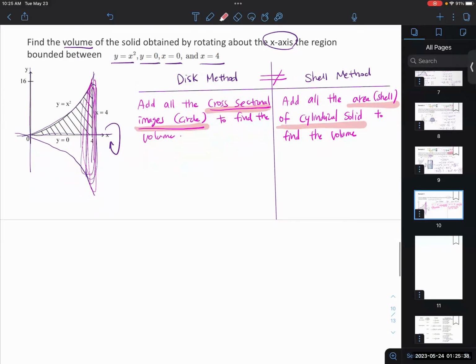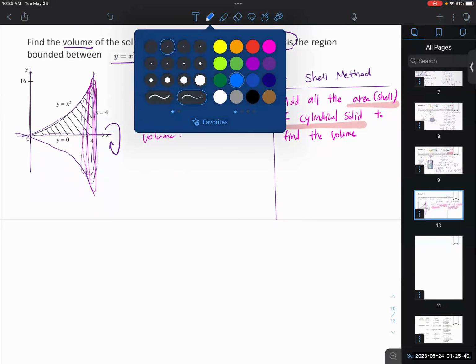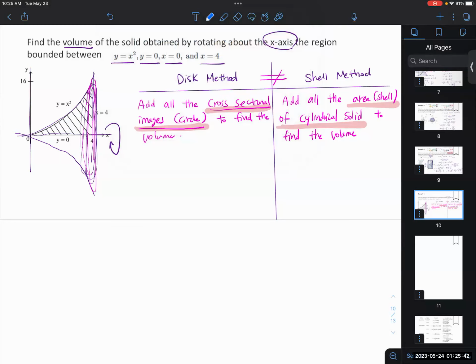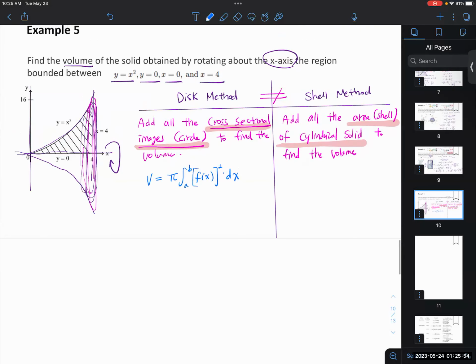If you remember, the formula for the disk method is V equals pi integral from a to b of f of x, pi r squared dx. If you are rotating about the x-axis, this is the x-axis formula.